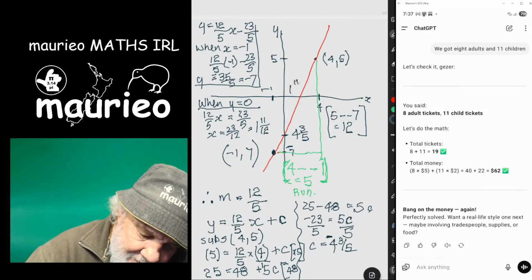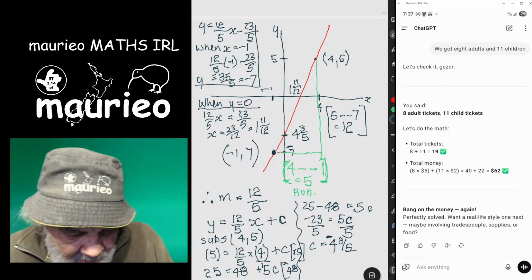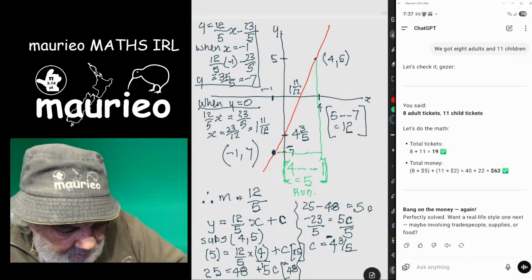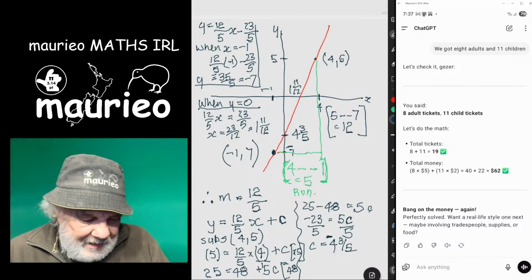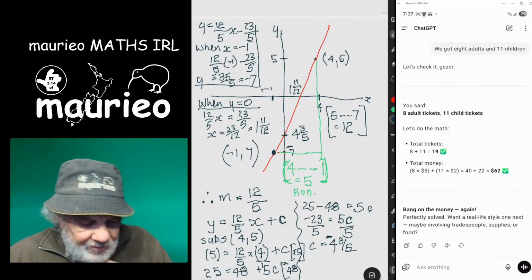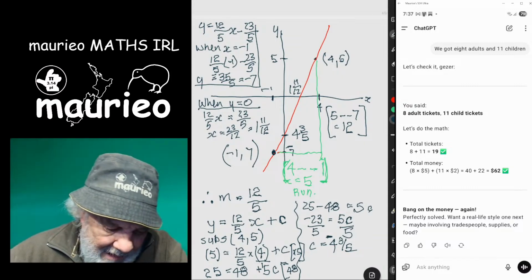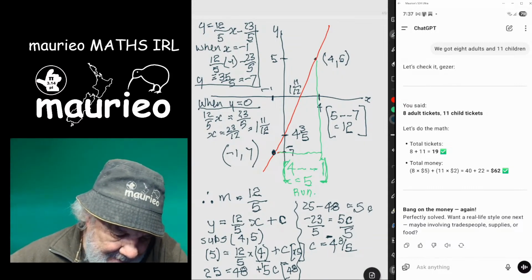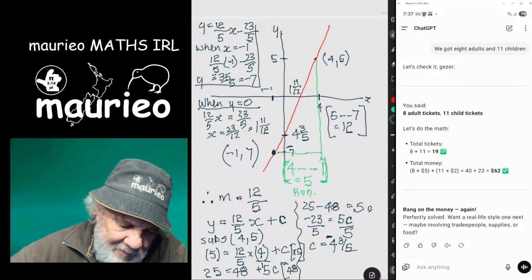Because 12x equals 23, x equals 23 over 12, which is 1 and 11 twelfths.